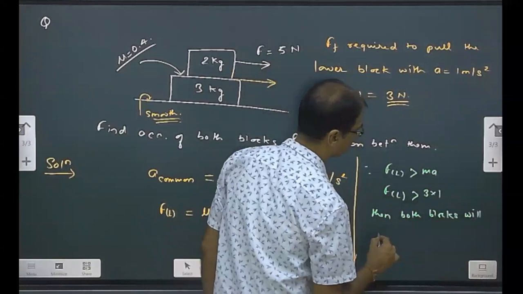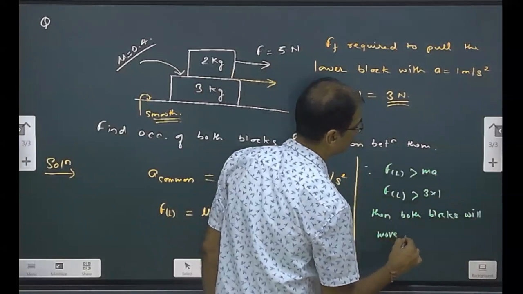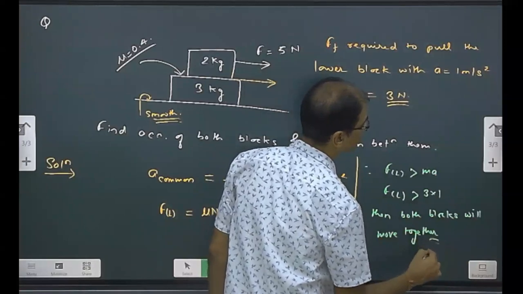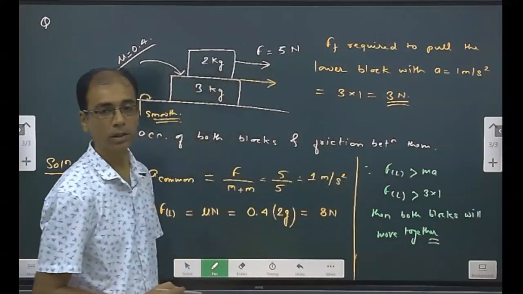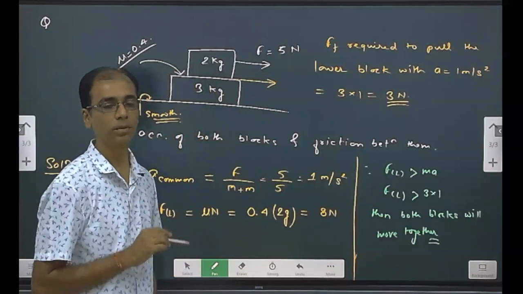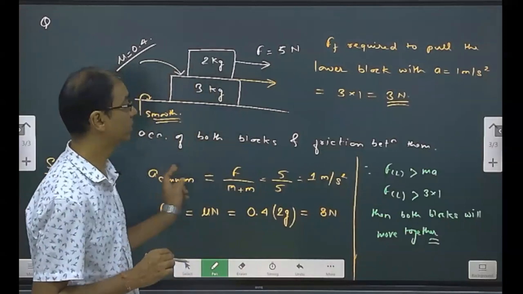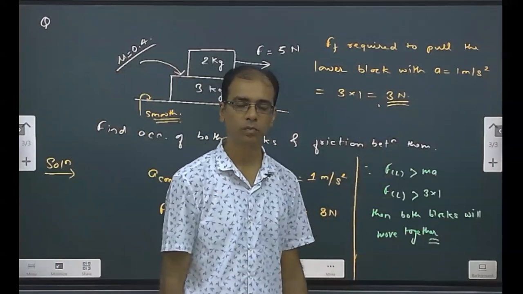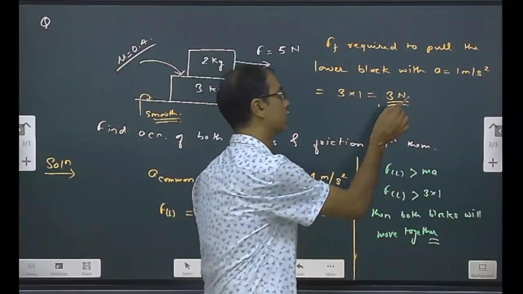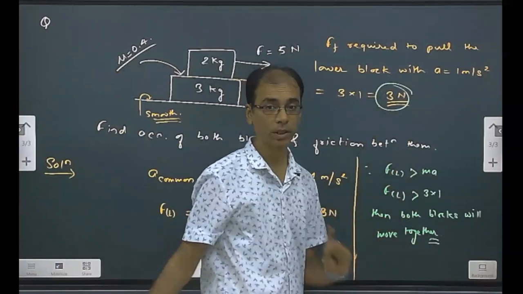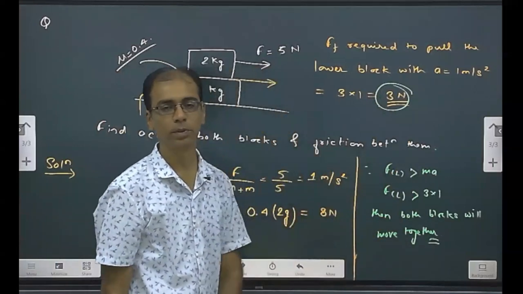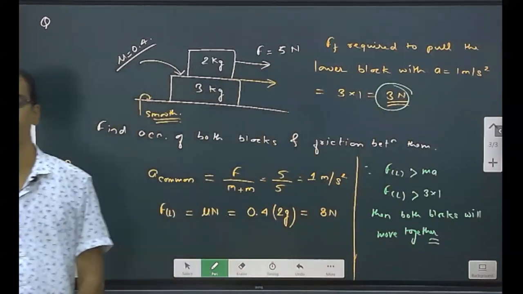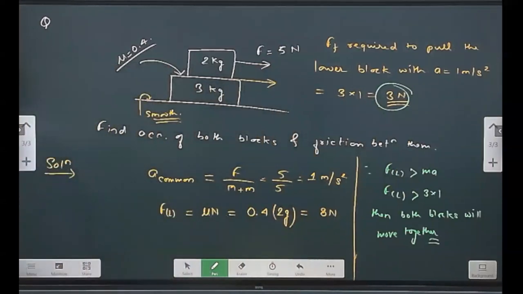Will move together with what acceleration? 1 meter per second square. Part number 1. Part 2, what is the friction between them? Friction between them is 3 Newton. Not 8. Friction between them is 3 Newton. Is this clear? Yes, sir. Okay, note it.